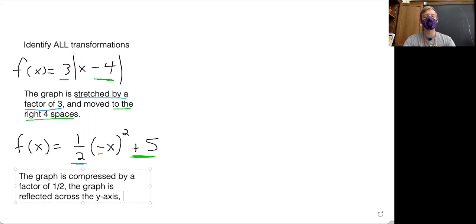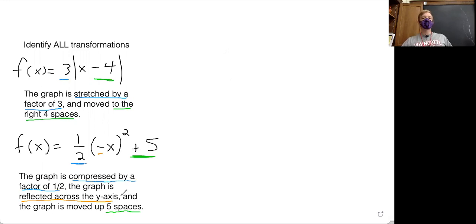Any number that's added or subtracted outside the parentheses will move us up or down. So we have our 3 transformations here that we have just described.